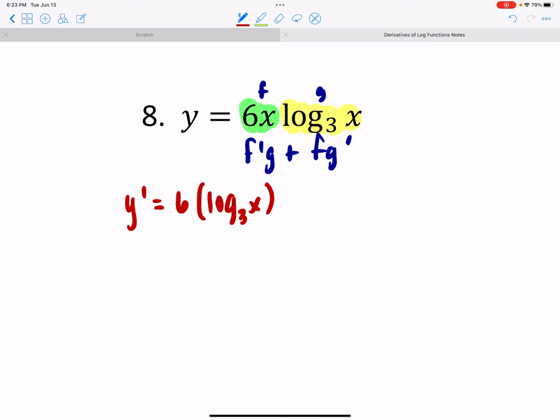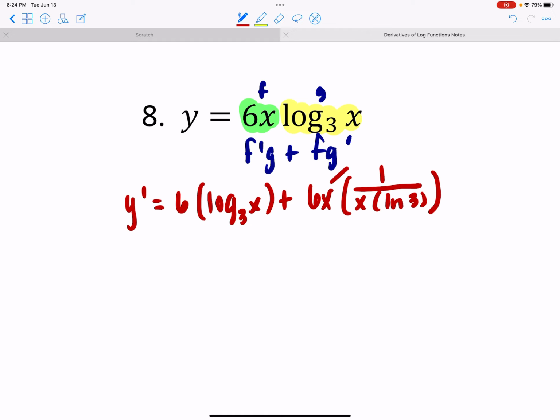And then I'm going to add f, which is 6x, multiplied by g prime, so the derivative of the log base 3 of x. That is the reciprocal of the variable times the natural log of the base. Okay, so if you left it here, this would be fine.